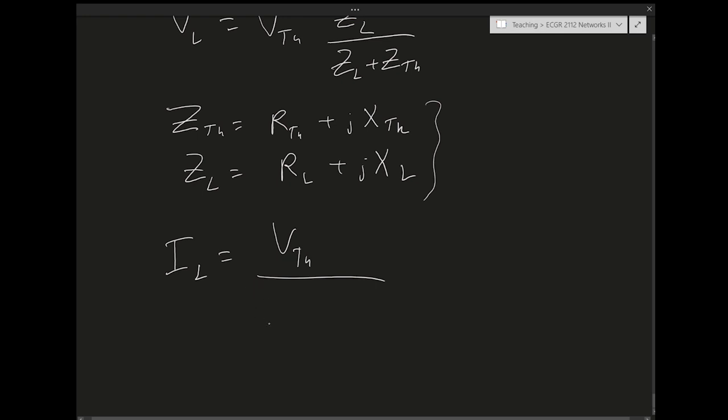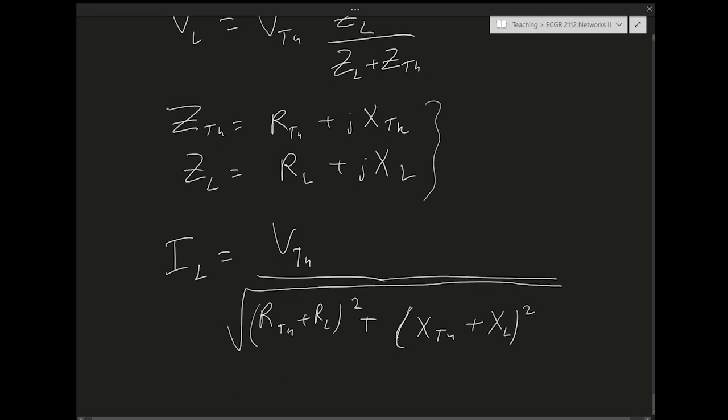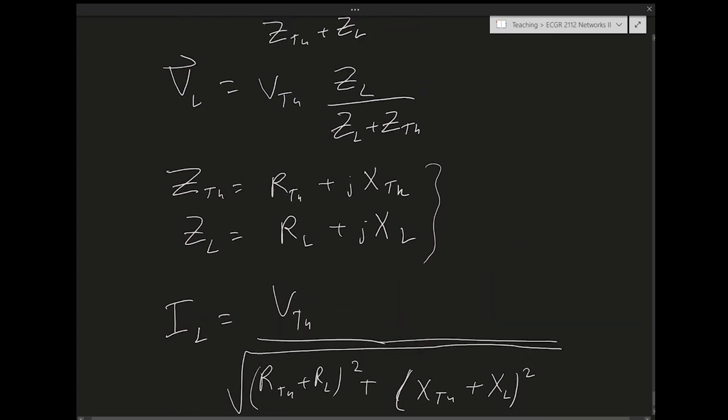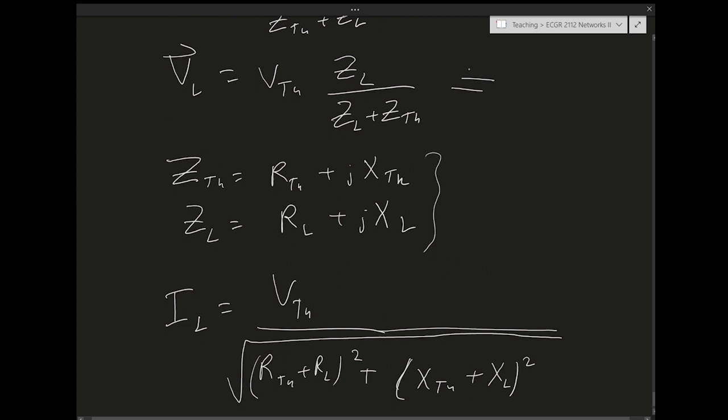So it's going to be the square root of R Thevenin plus RL squared plus X Thevenin plus XL squared.